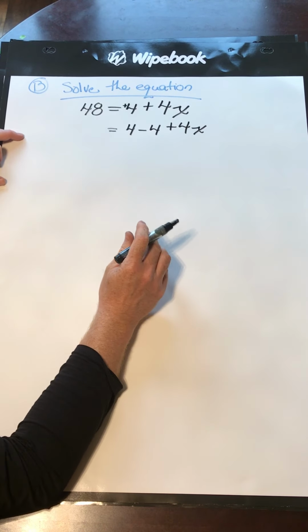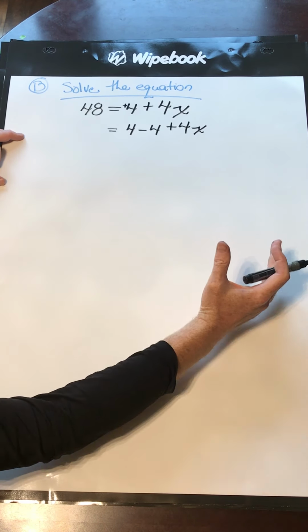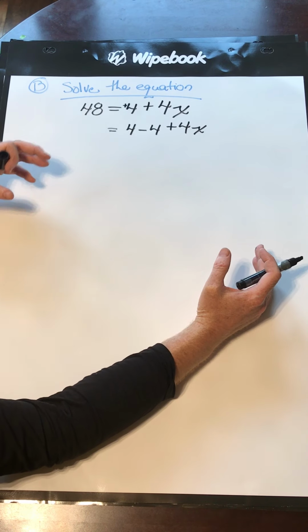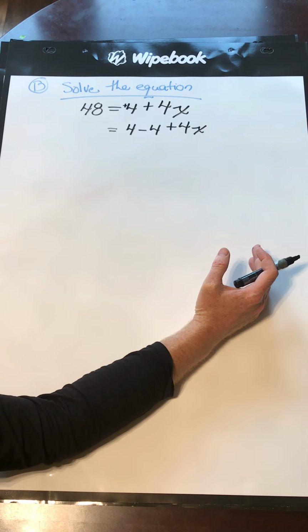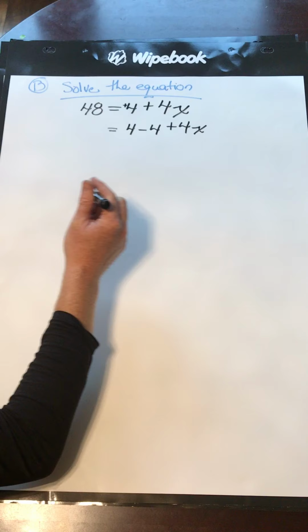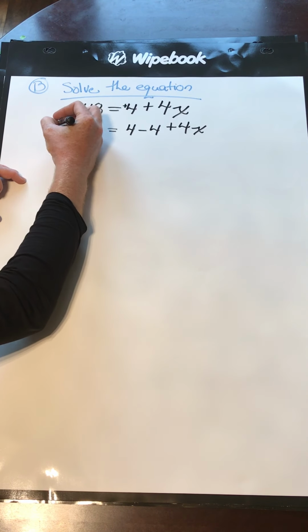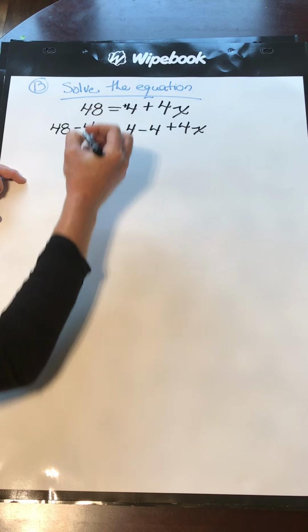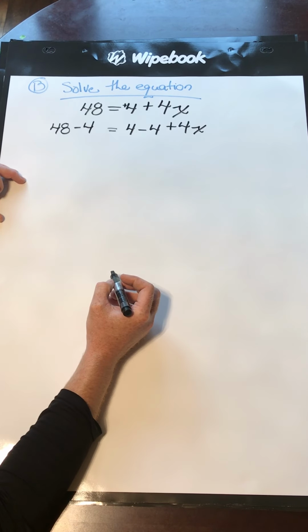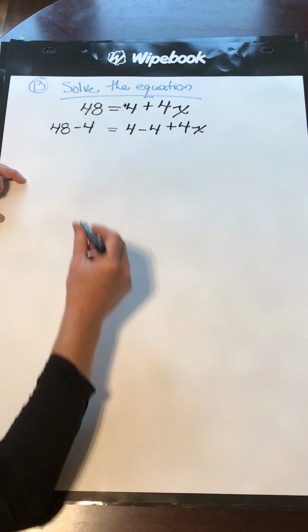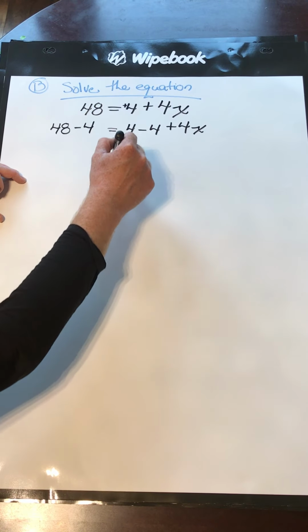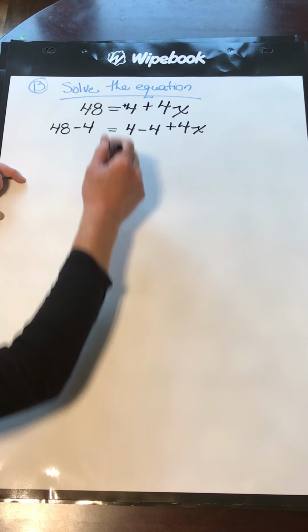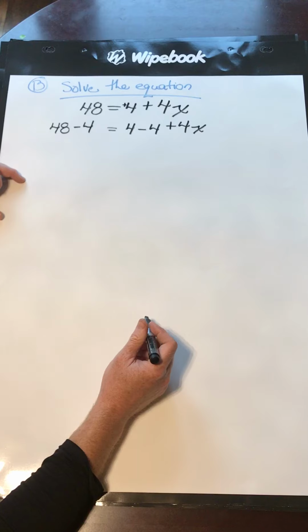But we know whatever we do to one side, we must also do to the other side to keep the equation balanced. So what do I need to do to the left side? I also need to subtract 4. Okay, and one of the things that you're going to notice while I'm doing this is, see, my equal sign goes right down the middle. It stays right down the middle. That's good format for math. All right, so now I'm going to simplify.